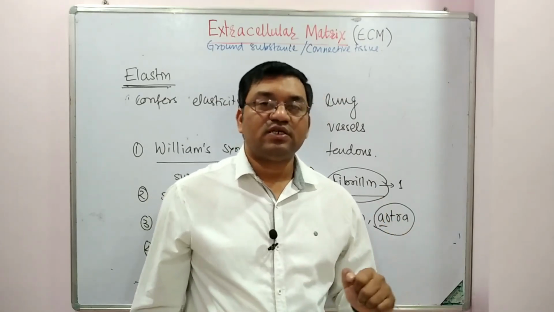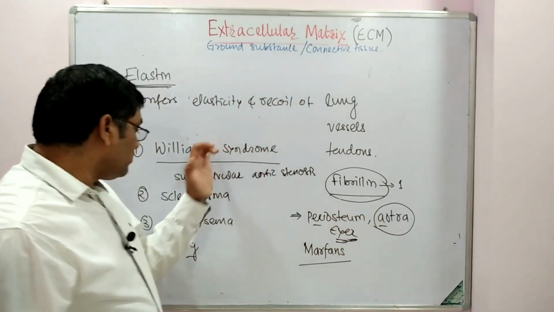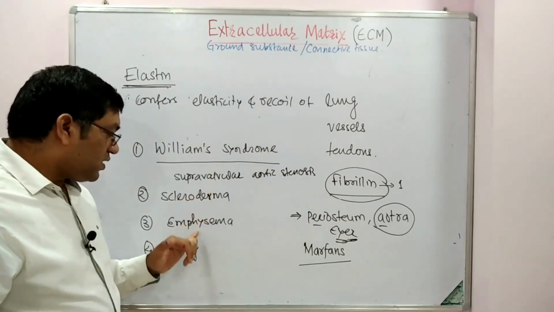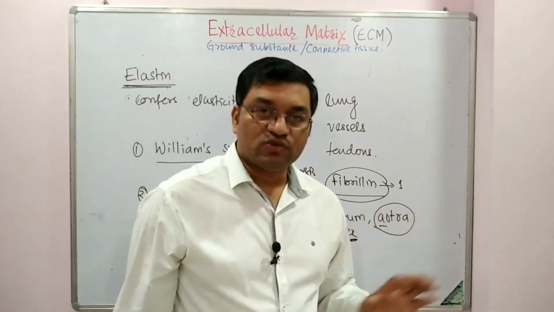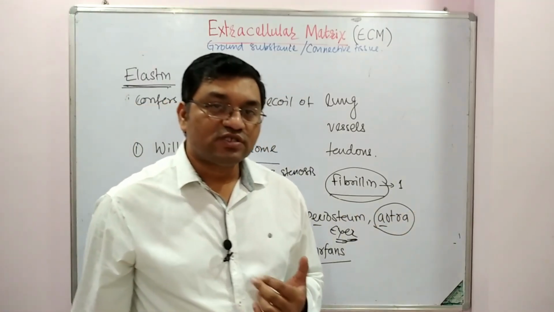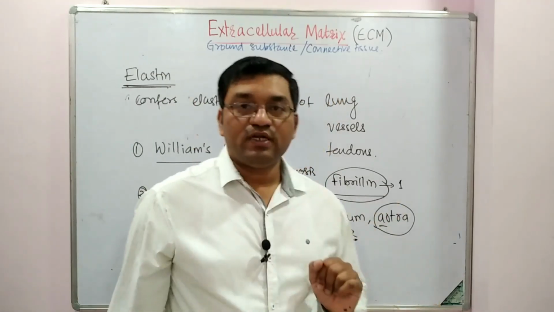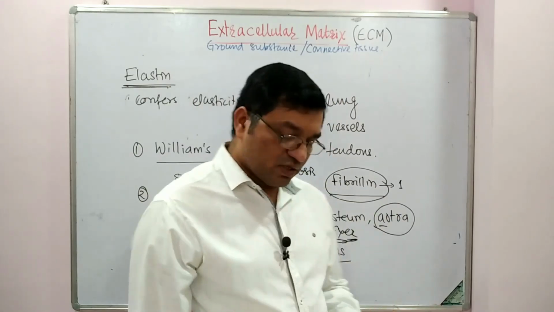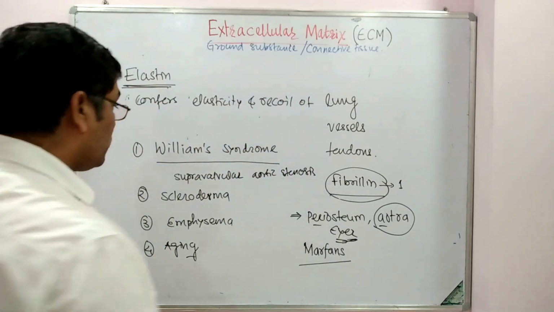With elastin: Williams syndrome, scleroderma, emphysema and aging. Fibrillin is associated with Marfan's syndrome, due to a defective gene for fibrillin 1.